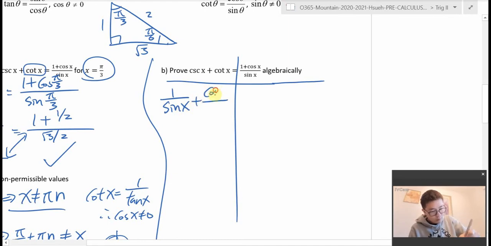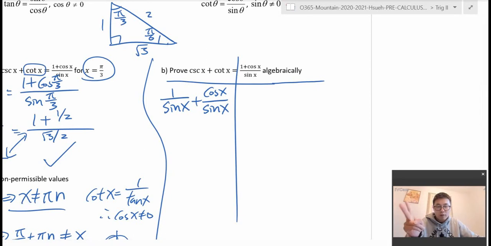Cotangent is cosine over sine. A couple of things to do: first is always to change to sine and cosine, and the other is to simplify the more complicated side. Don't make the simpler one more complicated. That makes no sense. You want to simplify rather than make it more expanded.